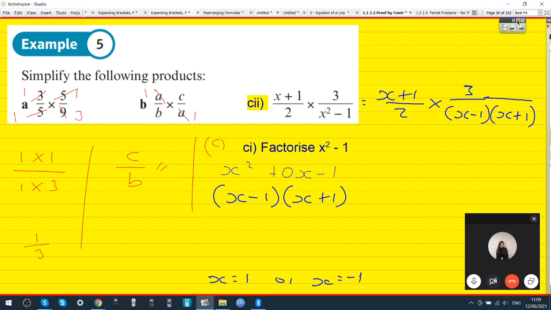What do you mean by it can be written like x plus 1, x minus 1? You know how you factorized x squared minus 1? So that's the same as x minus 1, x plus 1 in factorized form. And so anything you can simplify?